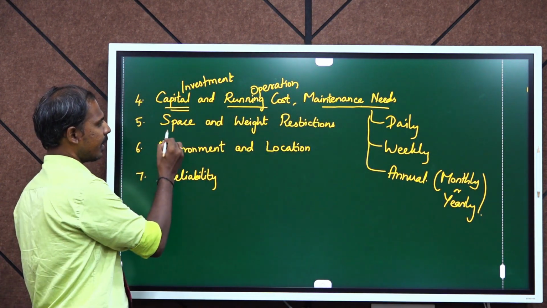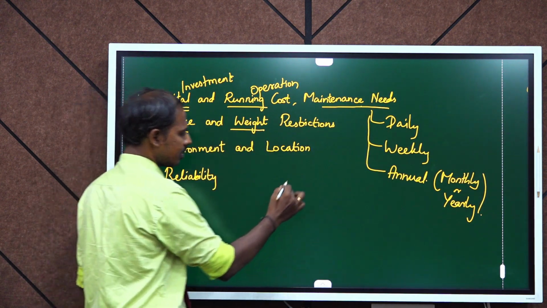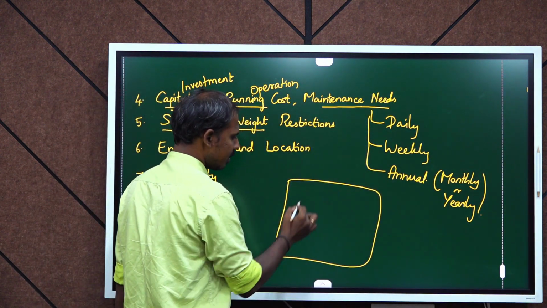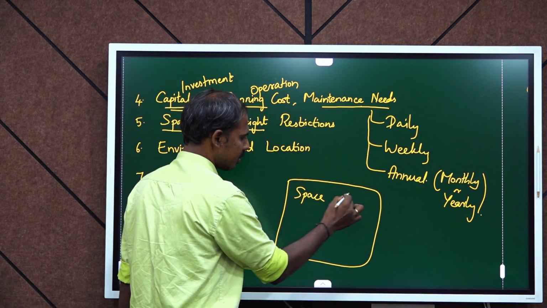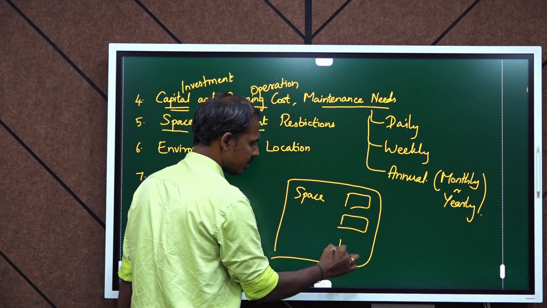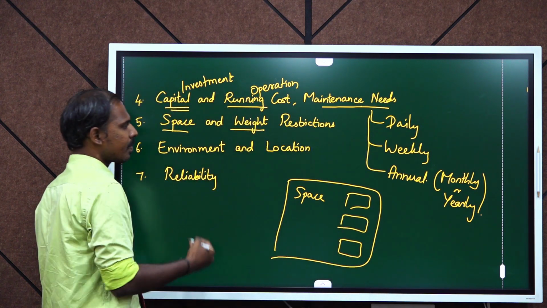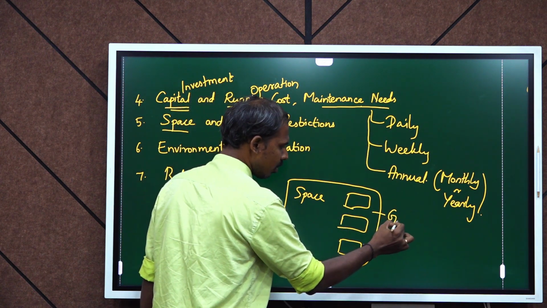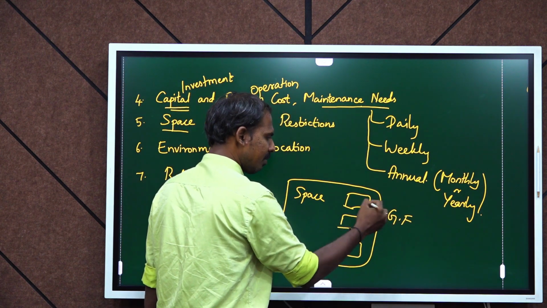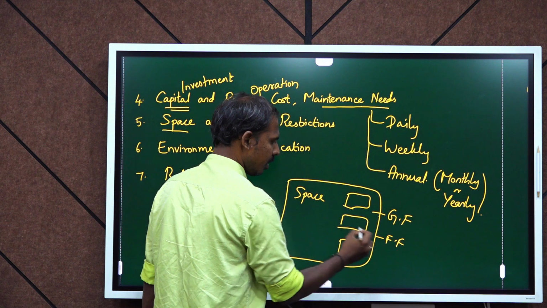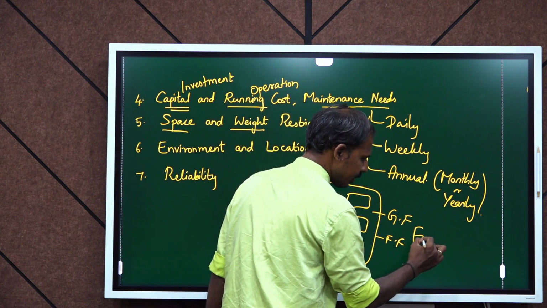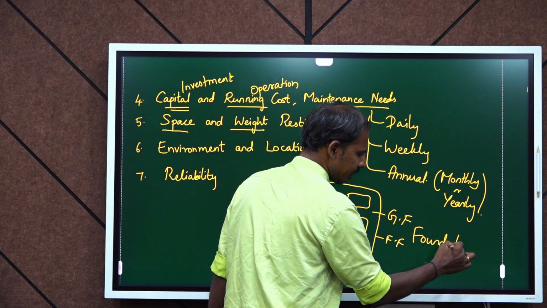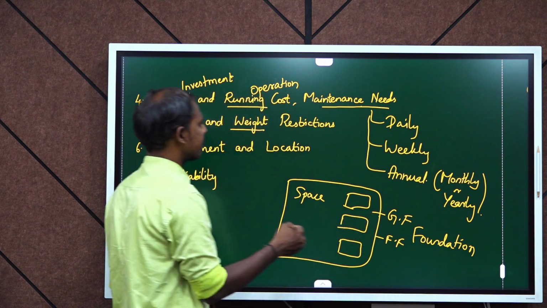Then the next one is space and weight restriction. How much space do I have in the factory, space availability? How many drives can I install, how many machineries can I keep there? Weight restriction: whether I am going to install it on the ground floor or if this can be kept on the first floor, or any foundation requirements are there. So those parameters have to be considered.